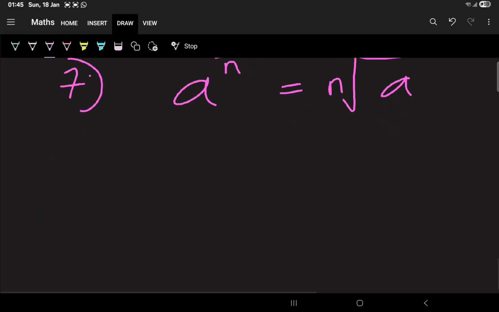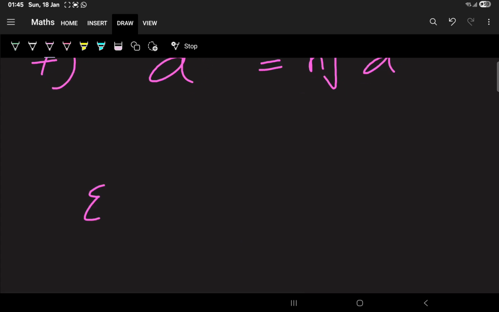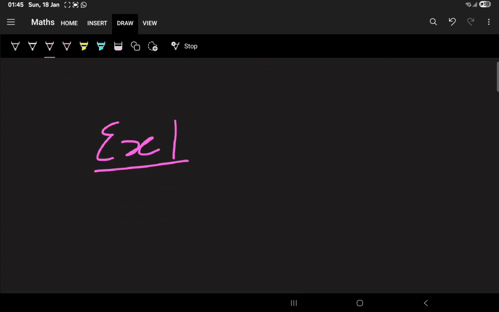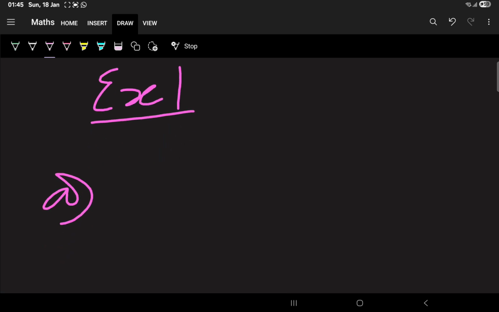Now let's take some examples so we can fully understand and digest these laws. Example 1, a. Simplify 10 raised to the power of 5 multiplied by 10 raised to the power of 2.